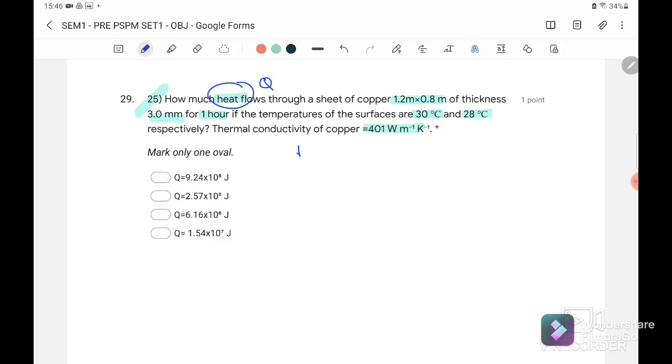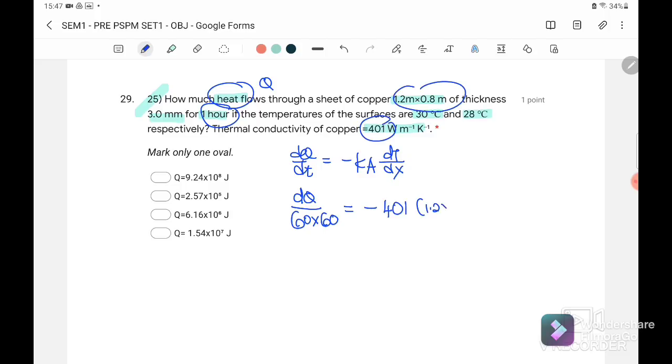From the equation, dQ over dt equals to -kA dT over dx, we substitute all the values. Q, the heat, is the value that we want to find. Time is 1 hour, so 1 hour equals 60 minutes times 60 seconds. Minus thermal conductivity 401. Area is 1.2 times 0.8.